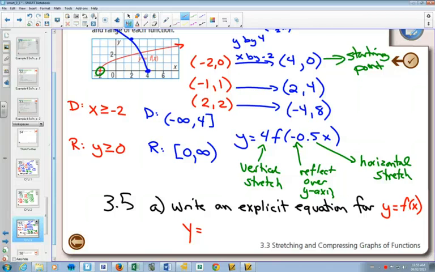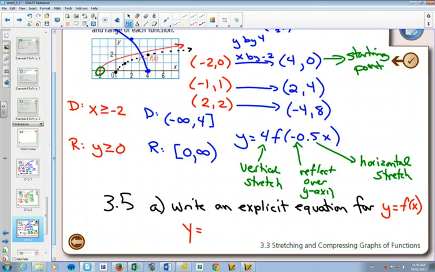So which of our parent functions is it? Square root, cubic, parabola, straight line, absolute value? It's going to be a square root graph. And what has happened to our original square root graph? Remember, our original square root graph looked like this. And it had 0, 0, 1, 1, and 4, 2.